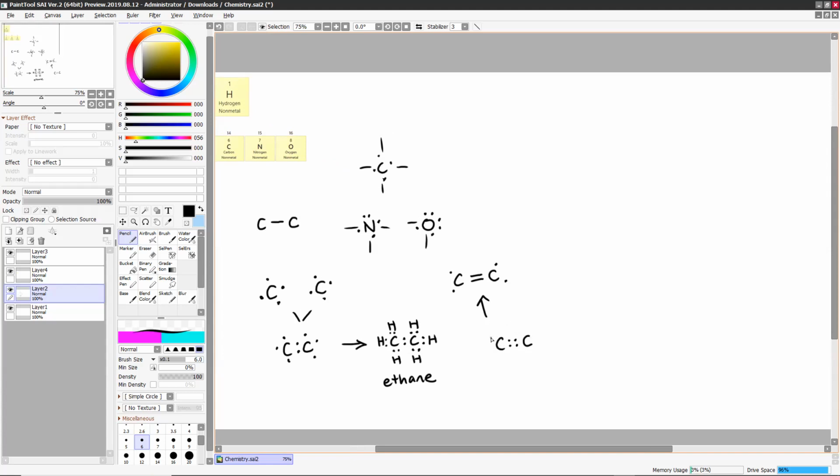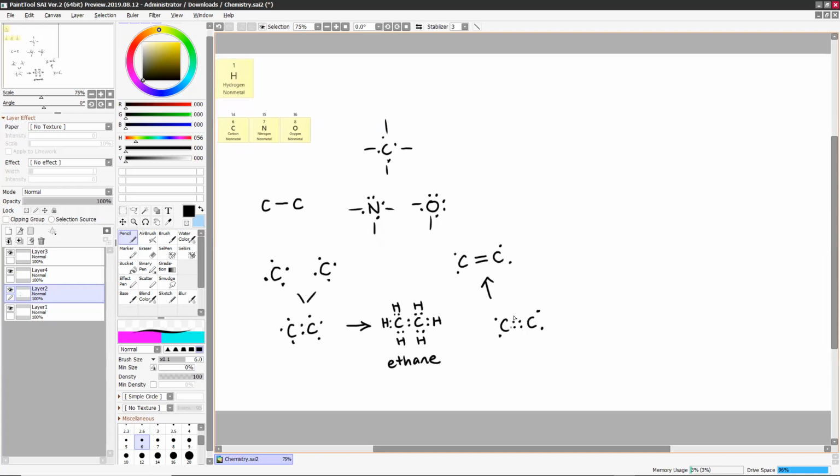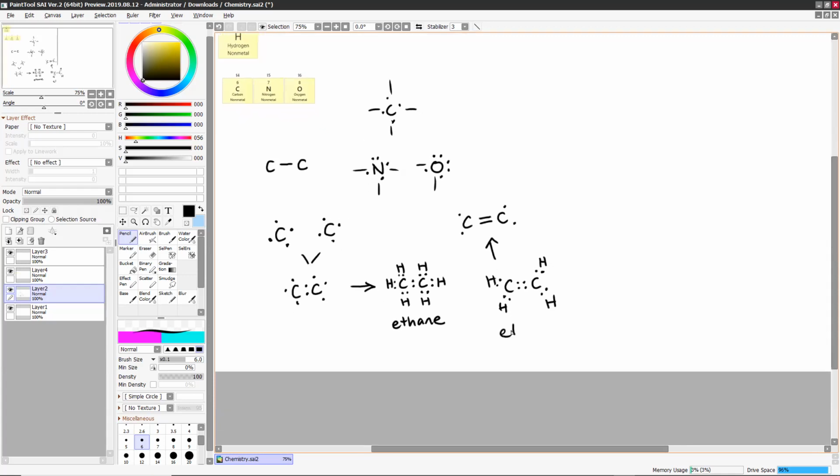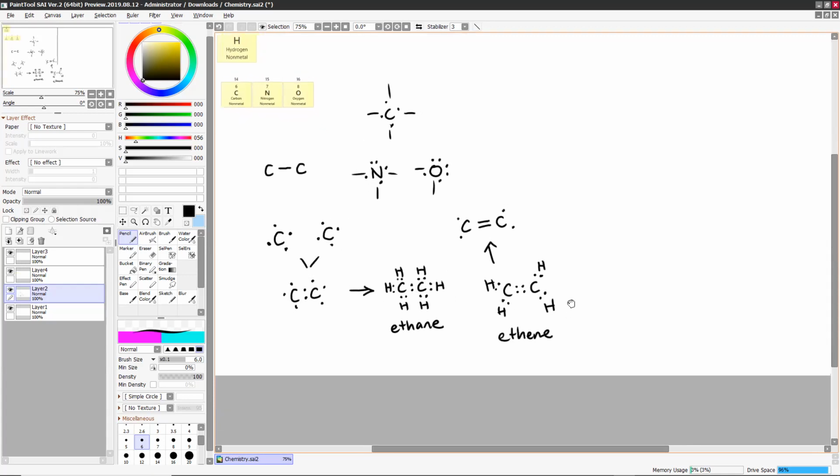And so each carbon will have 2 other spots for bonding. And what would happen here is it would also just commonly take a hydrogen like that and form a structure like this. This is called ethene.